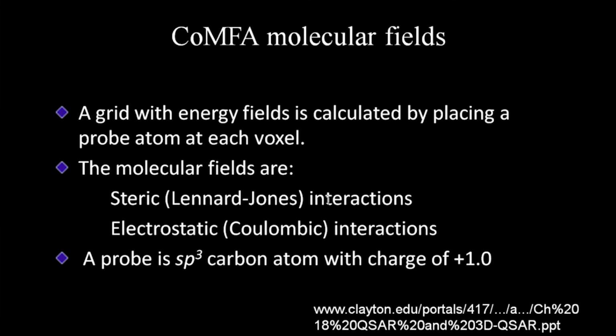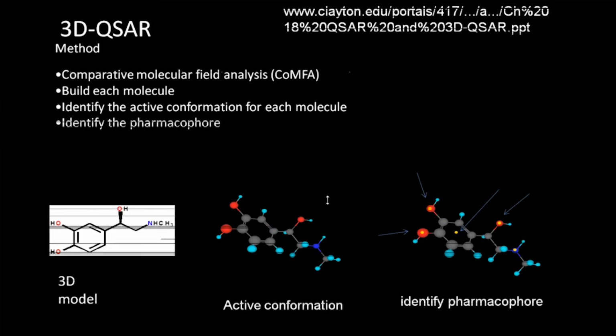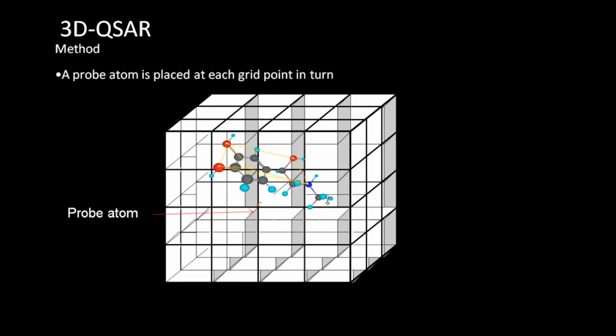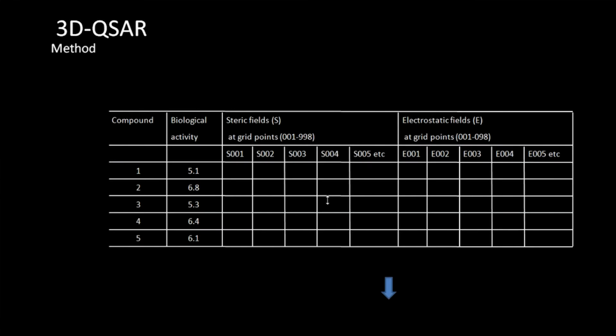When you do that, you get some numbers. Once you get these numbers, what do you do? You make a table, as I had mentioned. So at each grid point, for steric Lennard-Jones, you will get some number, and then for electrostatic, some Coulombic numbers.